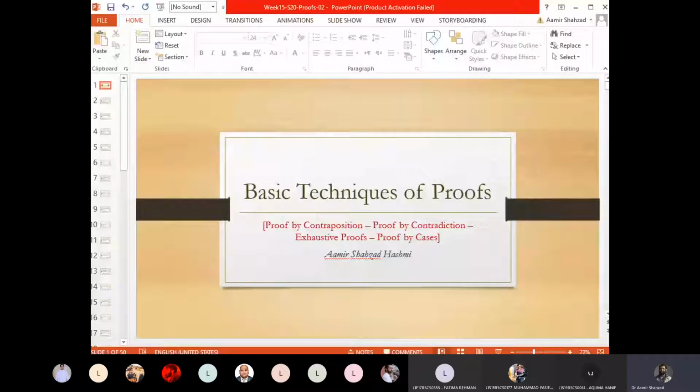So we have to prove that our statement, our claim is correct. It's true, it's correct. So in scientific language, the claim is called conjecture, and when we prove this conjecture, it becomes a theorem. So we have to prove conjectures and then they become theorems. So whenever we are going to claim something, whenever we are going to give a solution, we have to prove our conjecture.